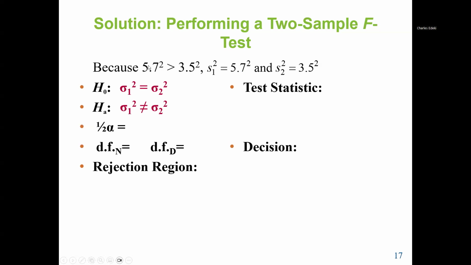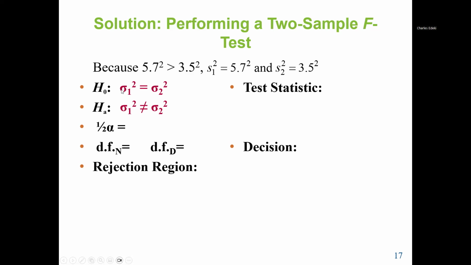First of all, because we know 5.7 squared is greater than 3.5 squared, and S1 was given to be 5.7. Here we are doing variance, not standard deviation, so 5.7 will be squared, 3.5 also will be squared. The square of a standard deviation gives us the variance.